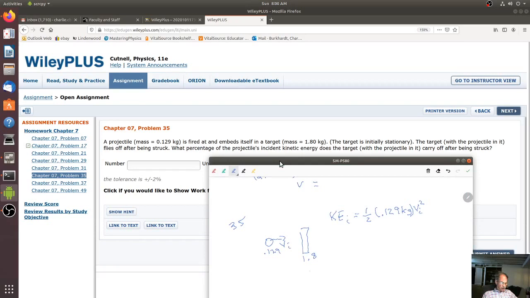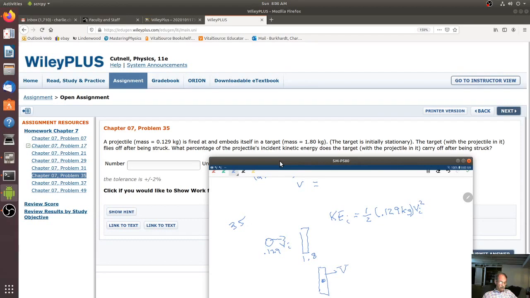Okay, after the collision, this is before the collision. After the collision, we have this target with the projectile in it. It's got a mass of 1.8 plus 0.129, and it's moving off with some velocity. Once again, I don't know what the initial velocity of the projectile was.